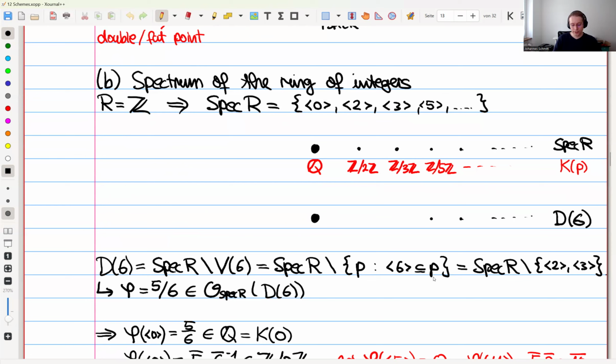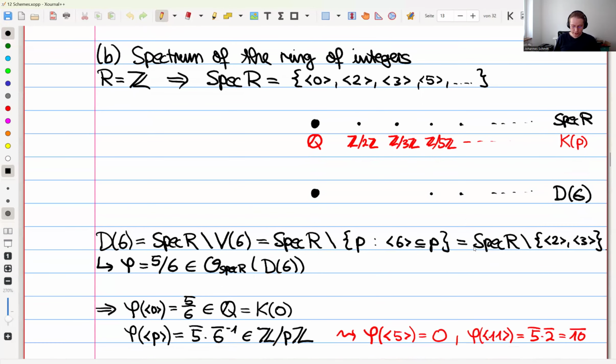In other words, 6 should be in the prime ideal. So, well, this excludes the 0 ideal. And, well, 6 is in one of these ideals generated by a prime number if and only if the prime number divides 6. So in other words, if and only if the prime number is 2 or 3. And so D(6) exactly removes these 2 points here. And so the open set looks like this.